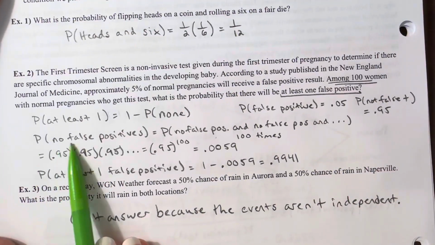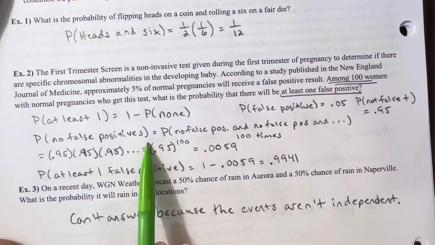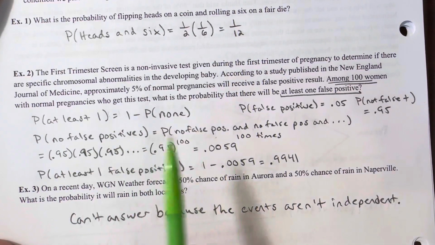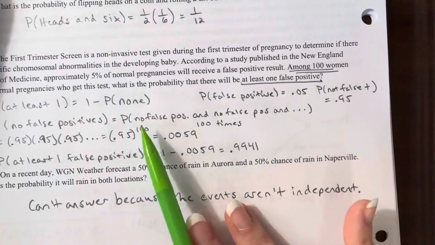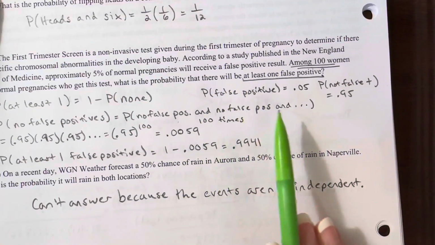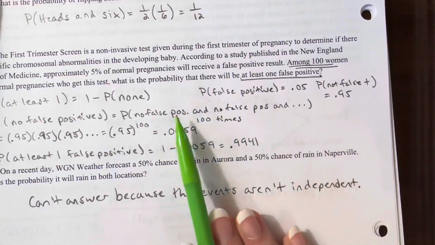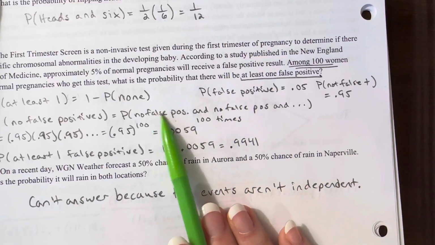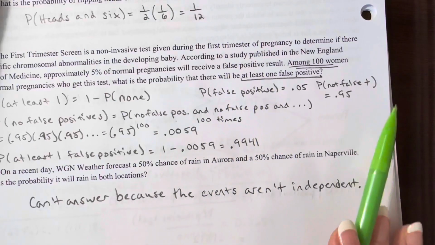The probability of no false positives in 100 tests of normal pregnancies would be the probability of no false positive and no false positive and so on, basically repeatedly finding the intersection of 100 events all at once.